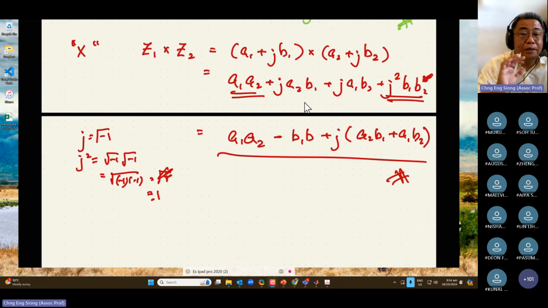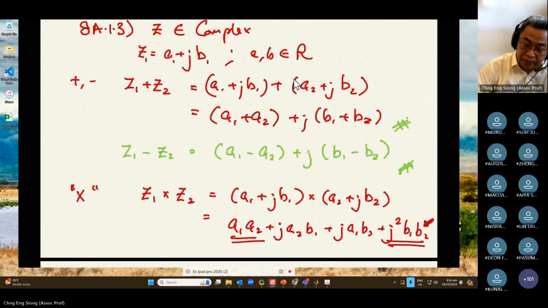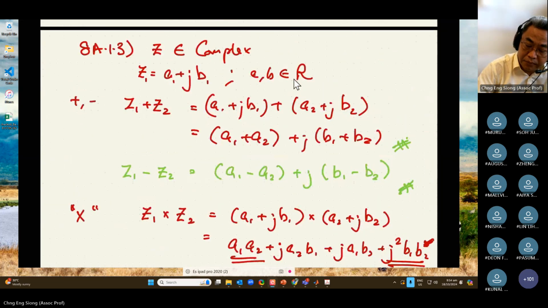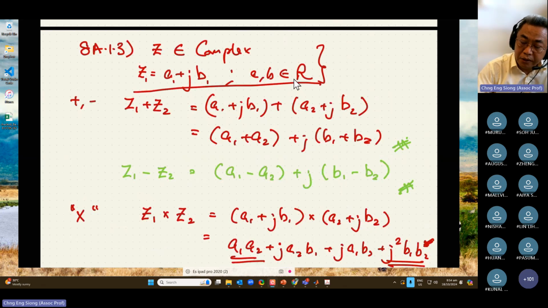So multiplication we will never do in, what do you call that? What form is this called, guys? This form is called the rectangular form of a complex number. Why do we call it the rectangular form?